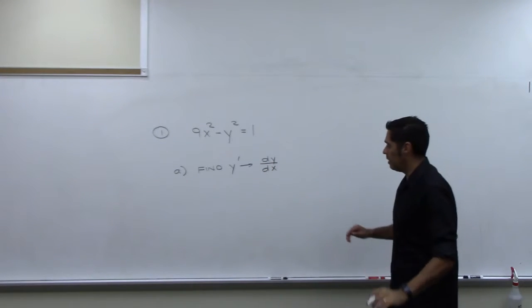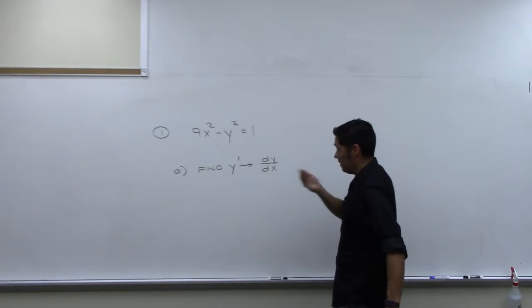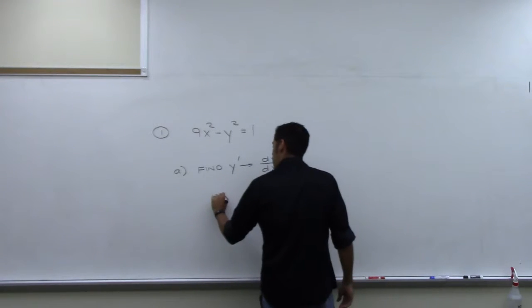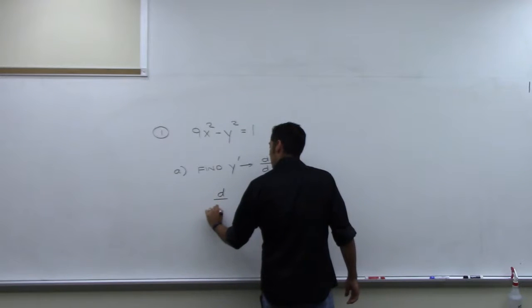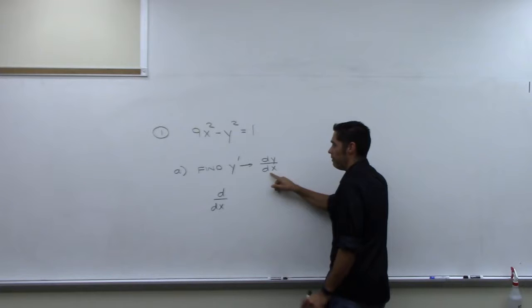So we're going to be treating y as if it depends on x, and x is really going to be our independent variable. So the way we do this is we take the equation and we take the derivative on both sides of the equation, in this case with respect to x, since it's our independent variable.